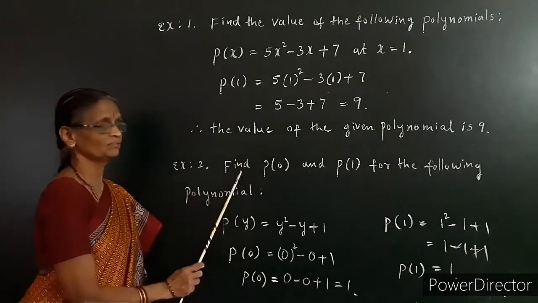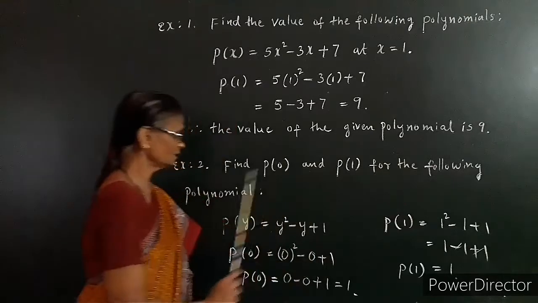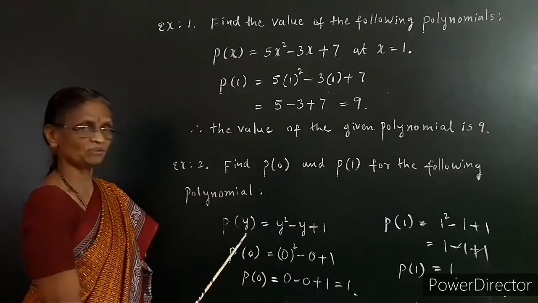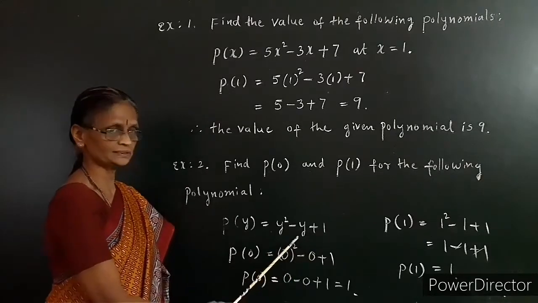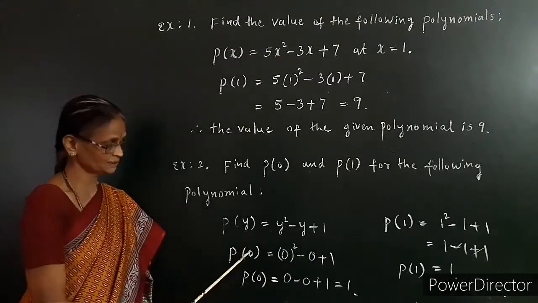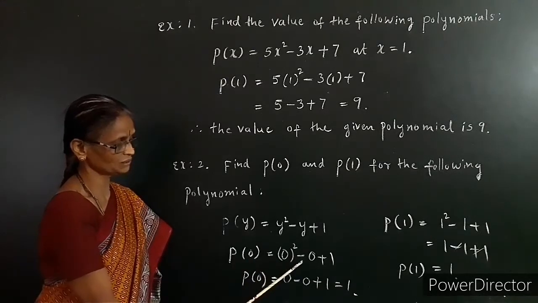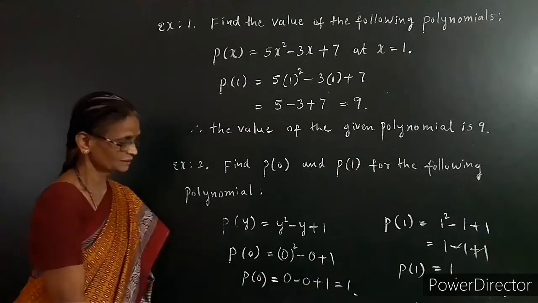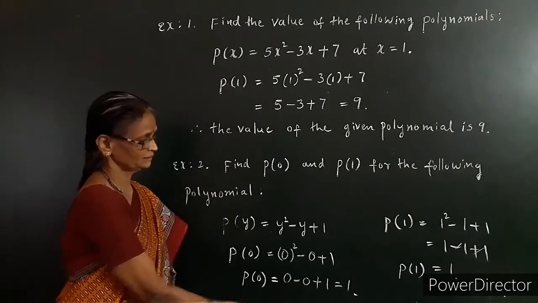Second example, find p of 0 and p of 1 for the following polynomial. P of y equal to y square minus y plus 1. Here y is a variable. When we substitute 0 for y, p of 0 equal to 0 whole square minus 0 plus 1, which is 1.